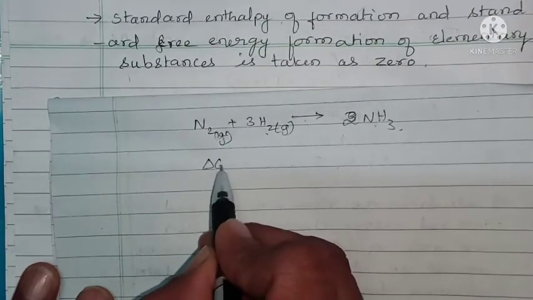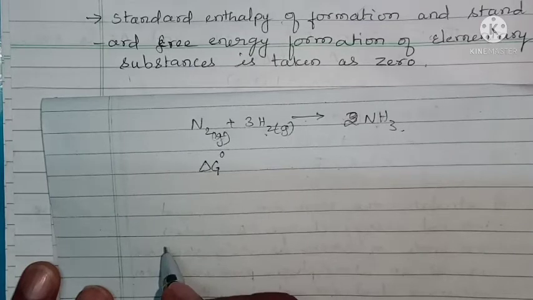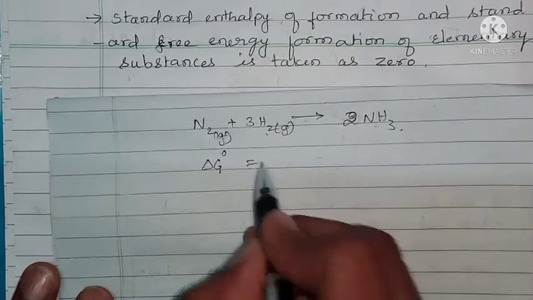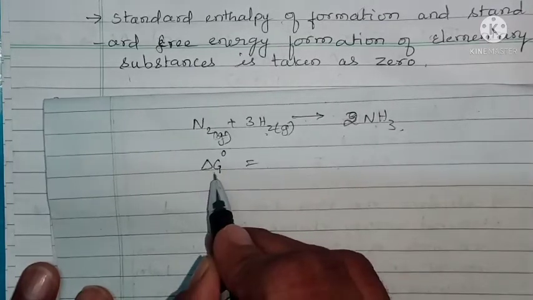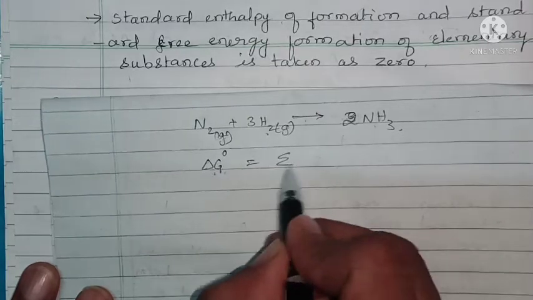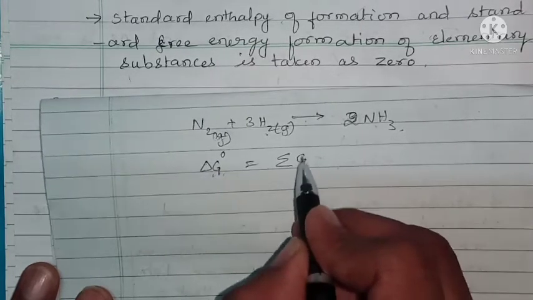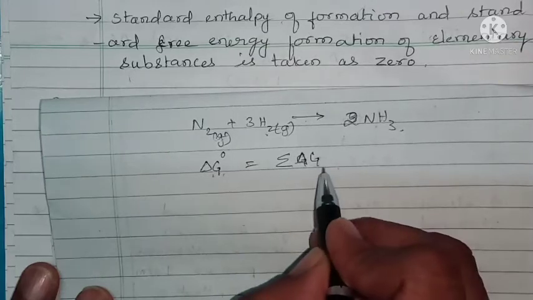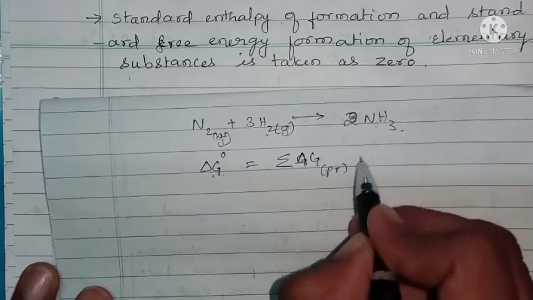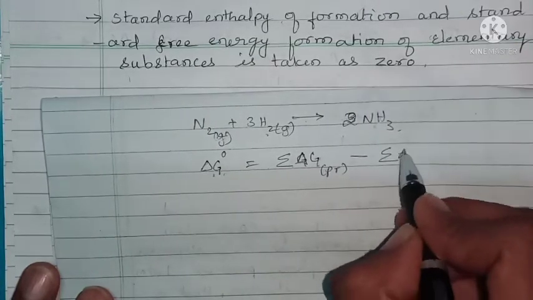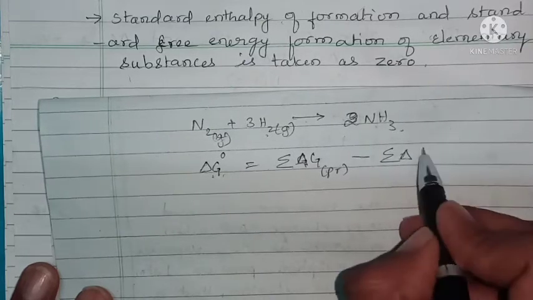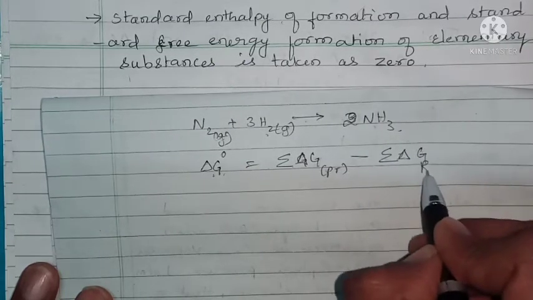Whenever we calculate the standard free energy change, it is equal to the summation of standard free energy change of products minus the summation of standard free energy change of the reactants.